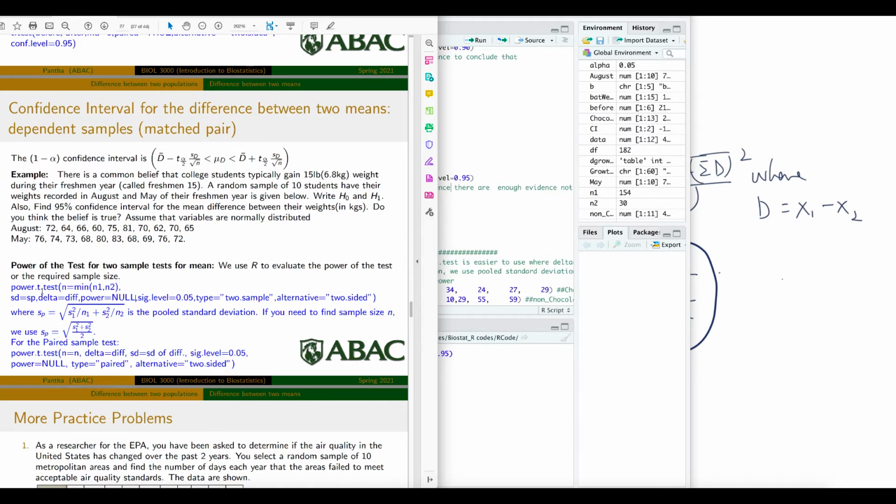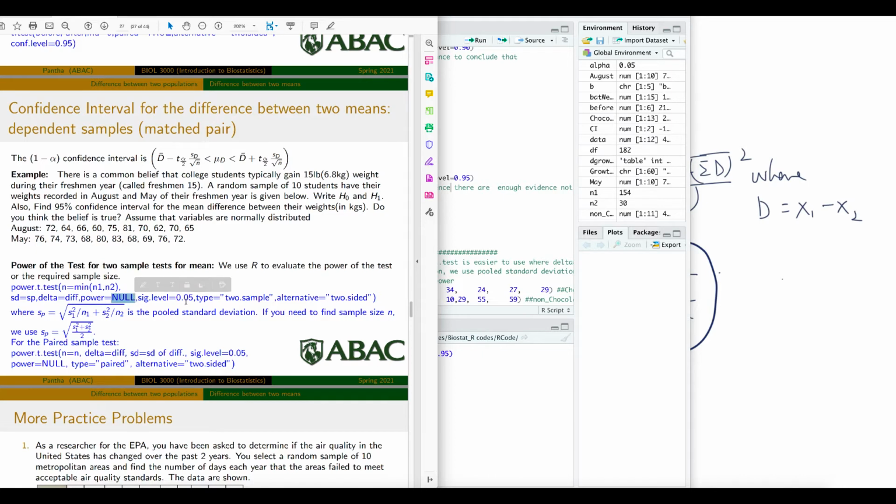See, power.t.test, n is equal to the minimum of n1 and n2. SD equals to Sp, the pooled standard deviation. Delta is equal to the difference of those two means, the two given means. And then power is equal to null because you are trying to find out the power.